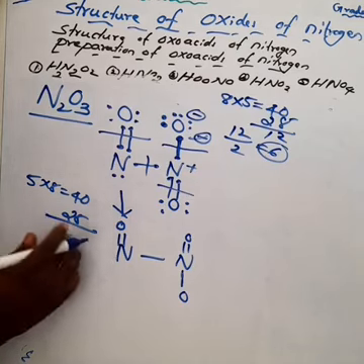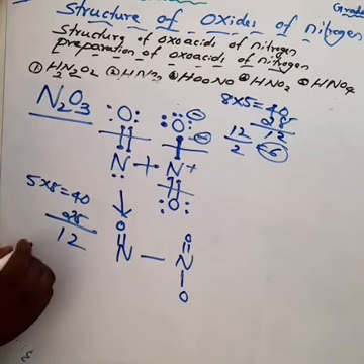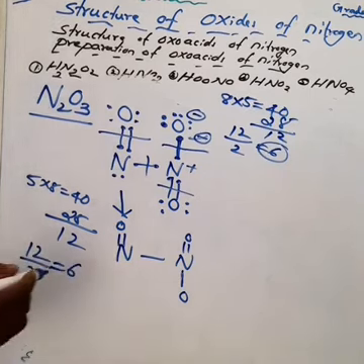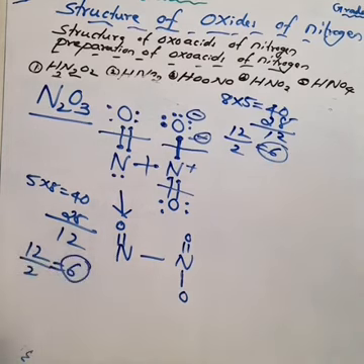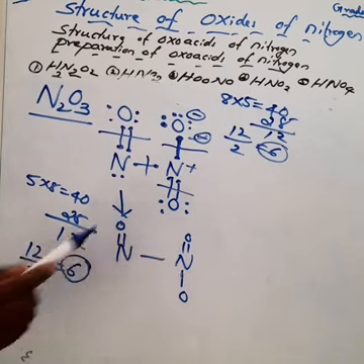So we have 28. The total is 40, minus 28 is equal to 12 remaining, am I right? If I am making bonds, 12 divided by 2 means we get 6. So 6 bonds we have to make here: 1, 2, 3, 4, 5, 6. That is also correct.